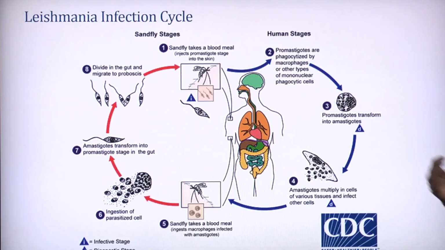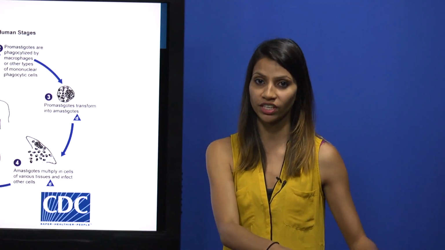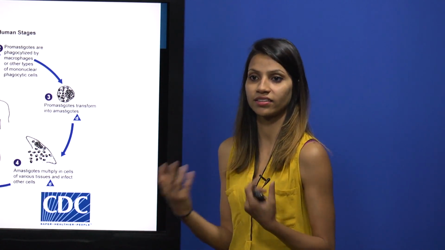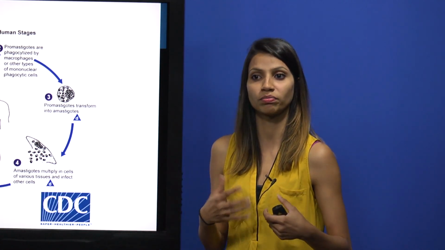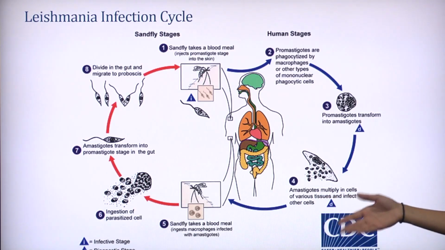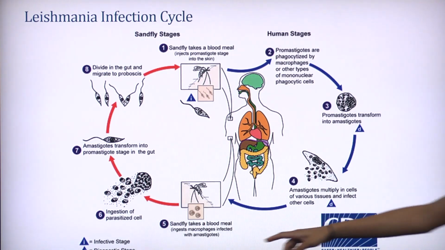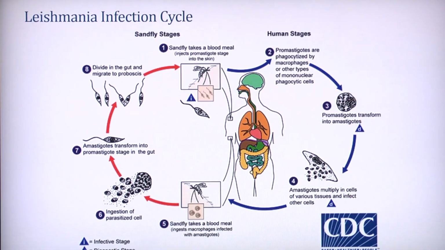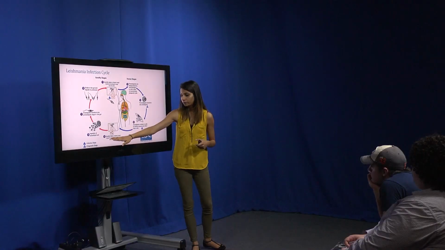The promastigote forms are motile because they have to go and reach the cells. The amastigote forms, once inside the cell, don't need to be motile, they need to multiply faster. So the amastigote forms multiply really quickly. This is the diagnostic stage, and if you catch it at this stage, it's very good. You can do the treatment and you'll be fine.